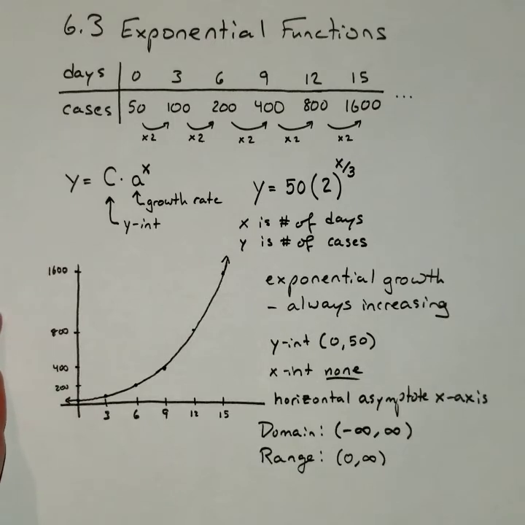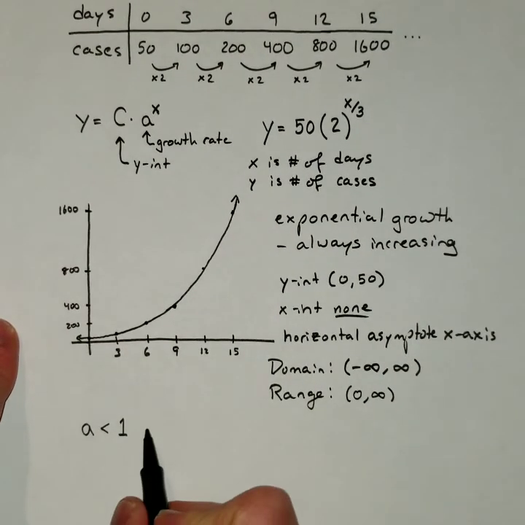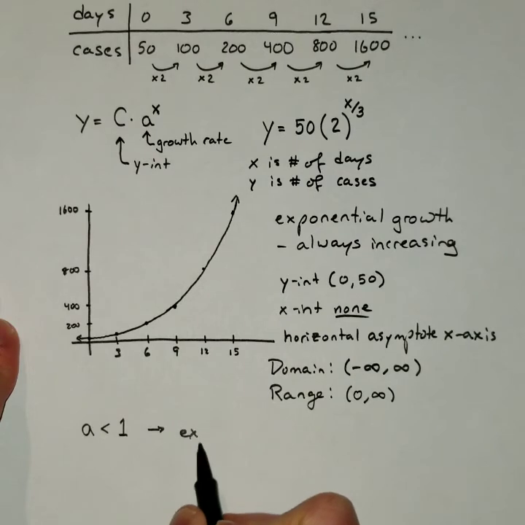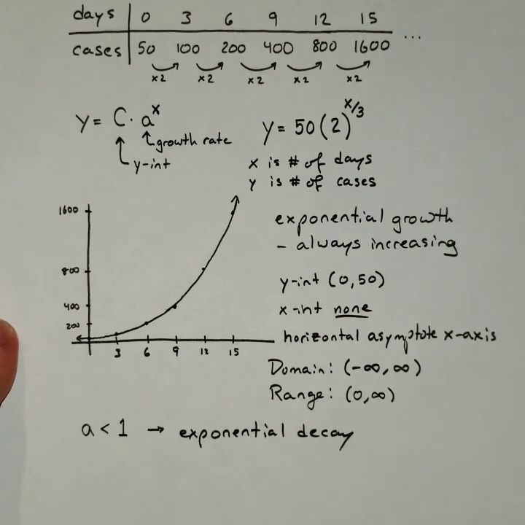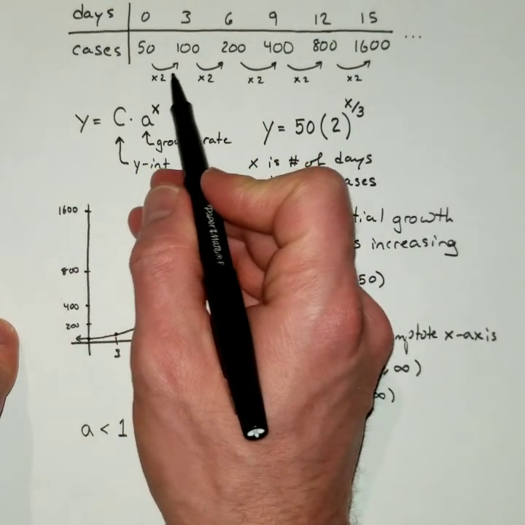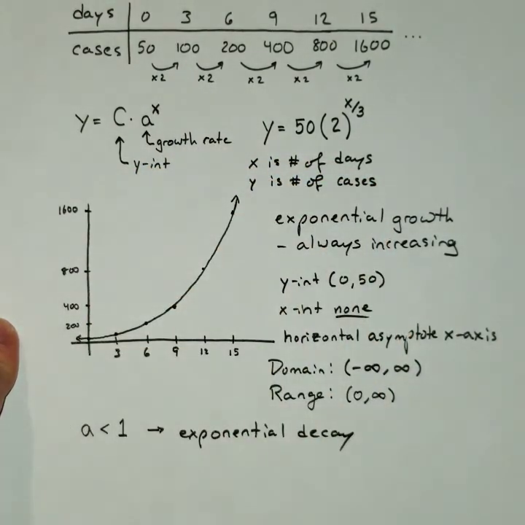Okay. Now, in the first video for this section, we looked at exponential decay from the March Madness example. And we said that the a value is what controlled the difference between the decay and the growth. In that example, the a value was less than 1, and that created a decay. And that's basically because the rate of change, every time you go from one value to the next, it's being cut down.